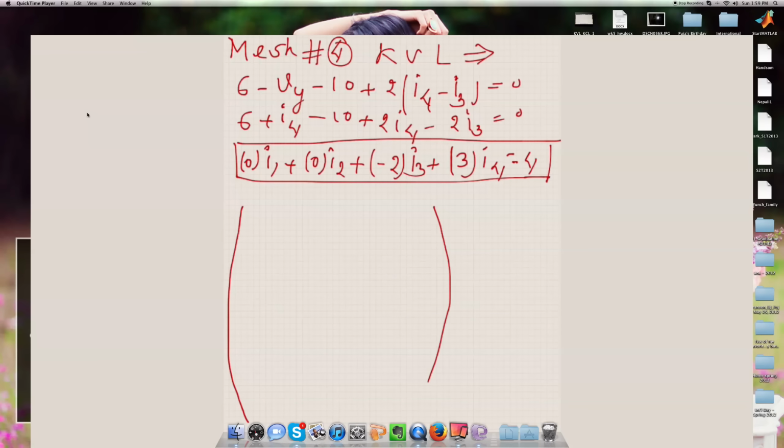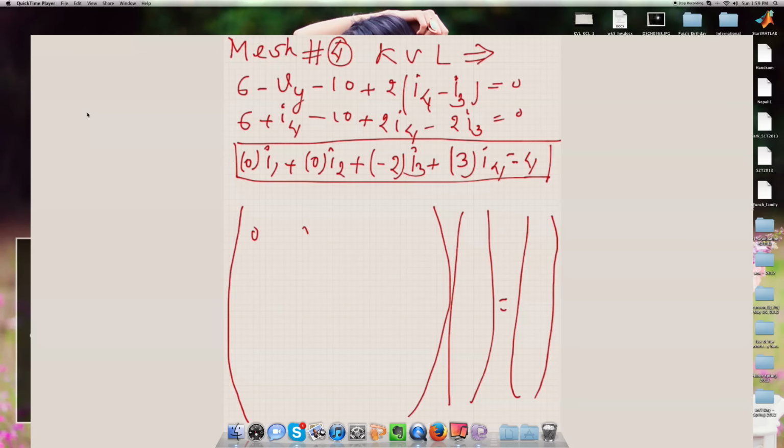Let's start with the most recent box. So we have 0, 0, minus 2, and 3, times I sub 1, I sub 2, I sub 3, I sub 4. The top line has 4 on the right side.